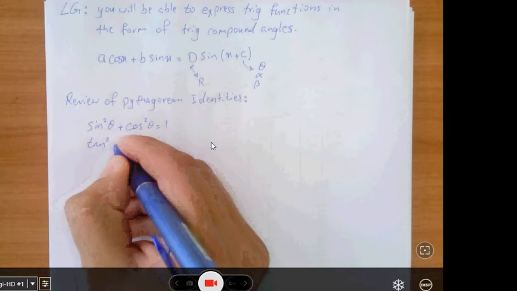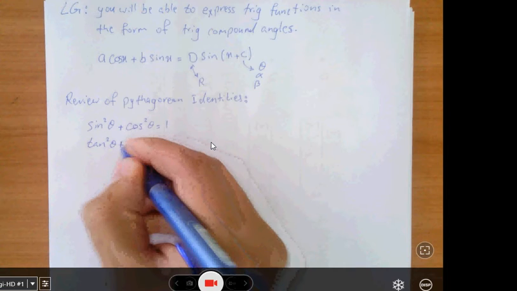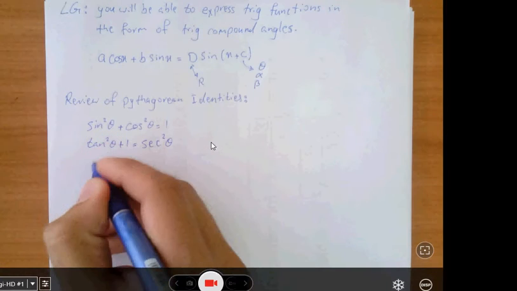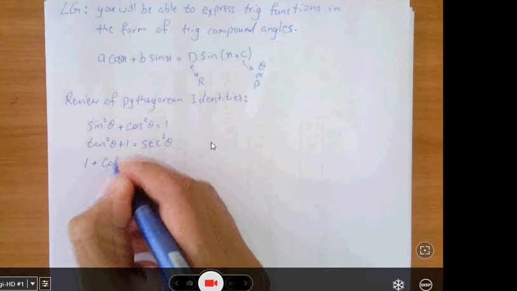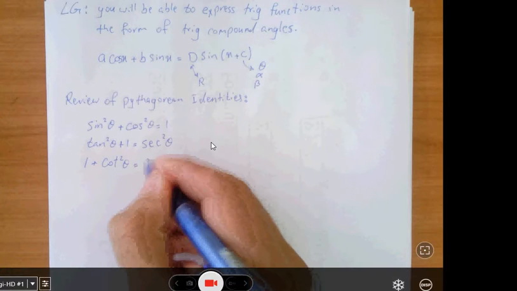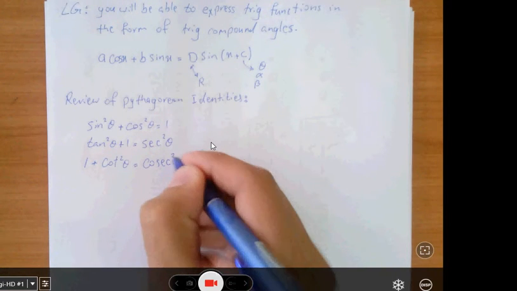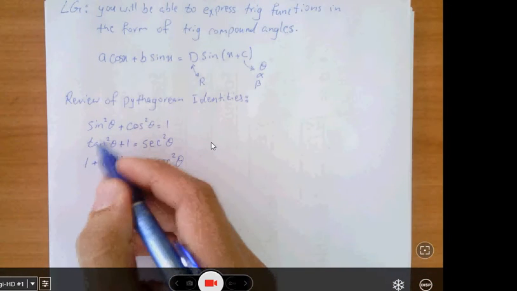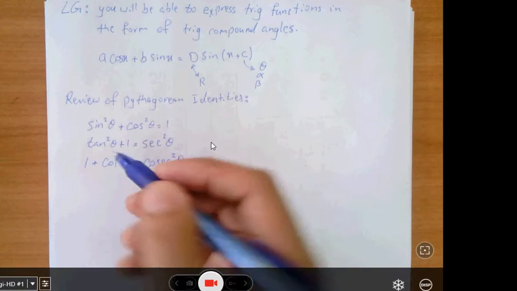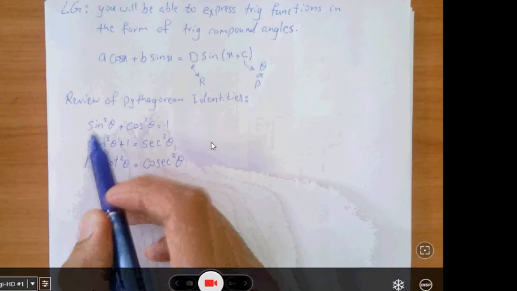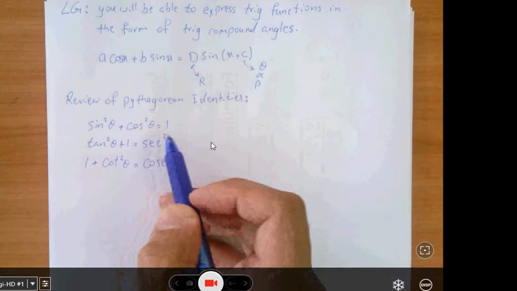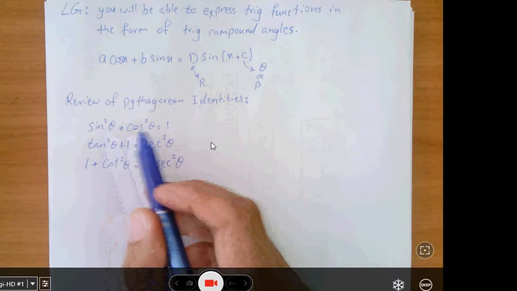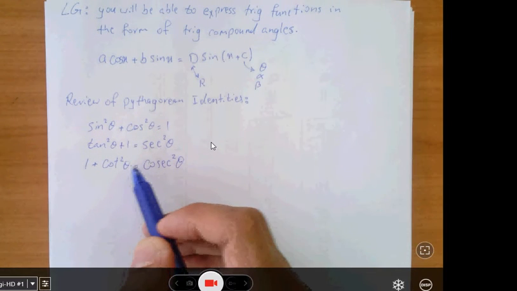Tangent squared theta plus 1 was also secant squared theta. The last one, 1 plus cotangent squared theta equals cosecant squared theta. And you saw last year that we derived all these formulas from our unit circle, right? When I had this relationship established, I could just go ahead and manipulate this equation and find these other ones from it, correct?